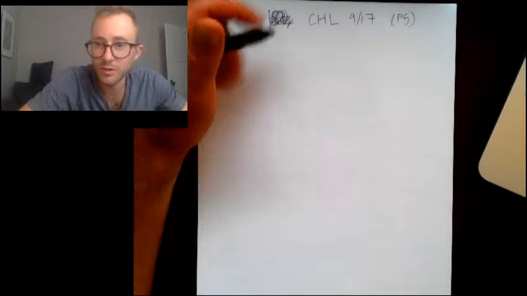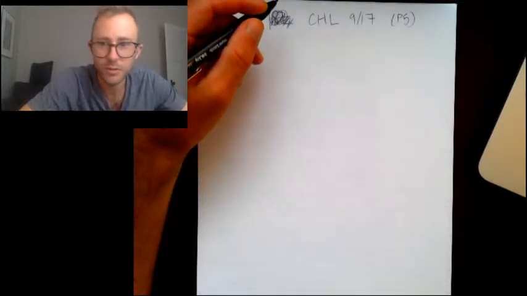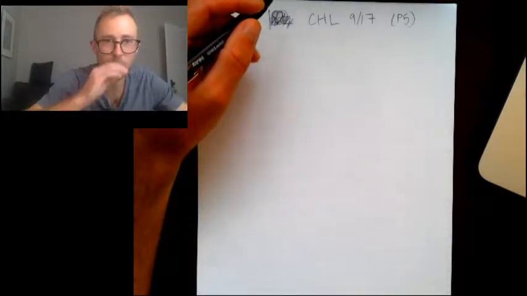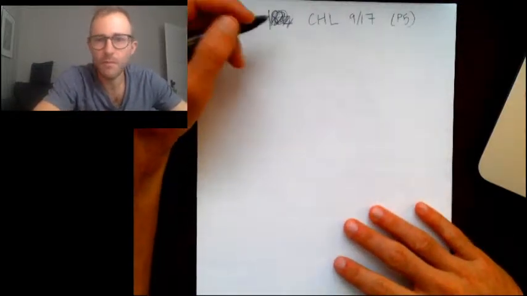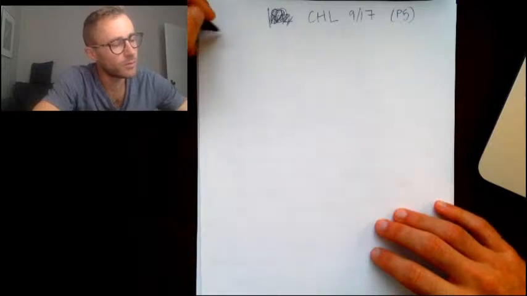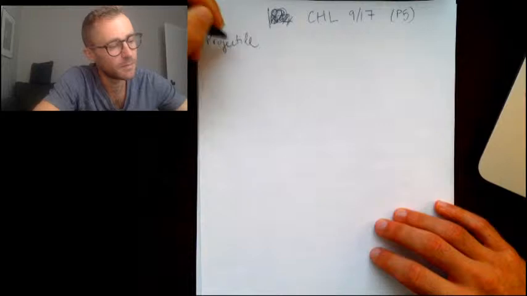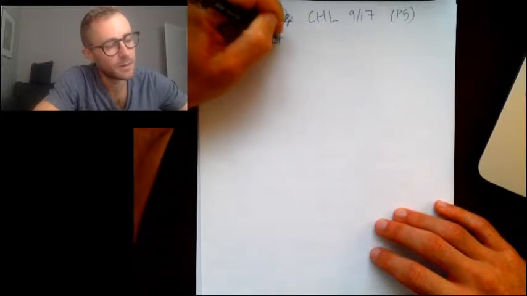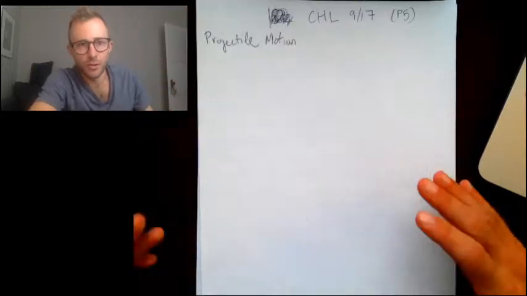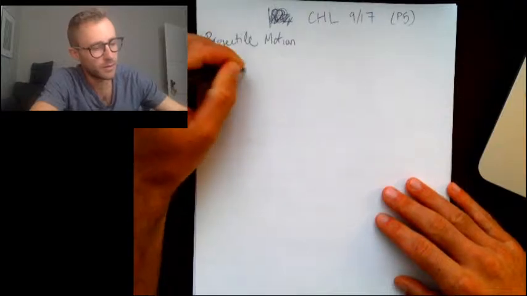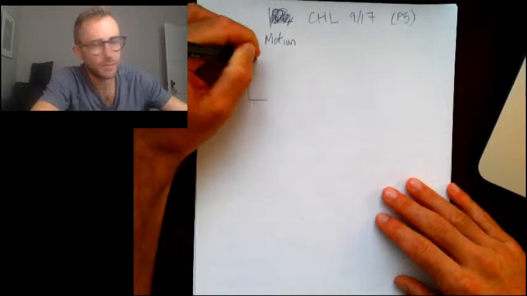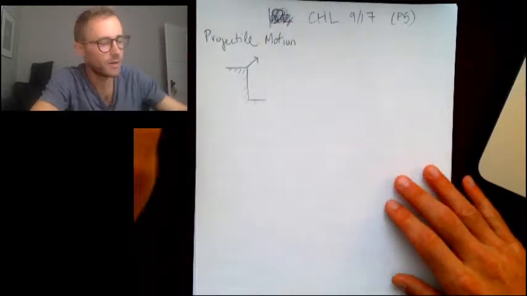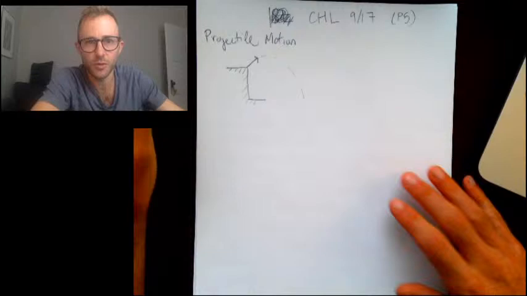So today we are going to be talking about projectile motion. Projectile motion deals with things being launched at an angle, and then they go and land somewhere.